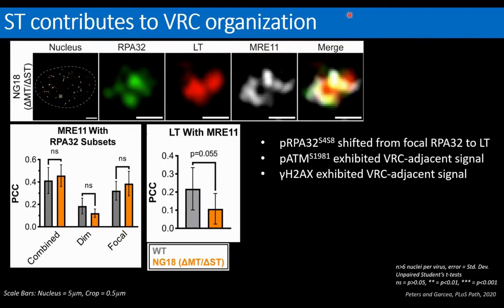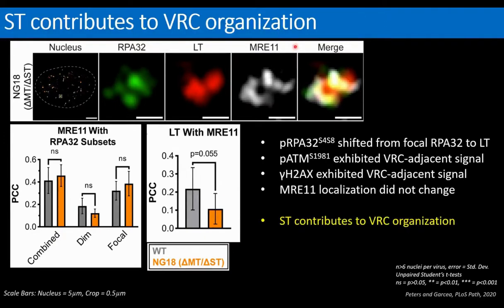MRE11, the component of the MRN complex that detects double-stranded DNA breaks, was the only protein that didn't change localization between viruses. These data indicate that small T antigen contributes to viral replication center organization, and that DDR signaling may be different between wild-type and NG18 infections.